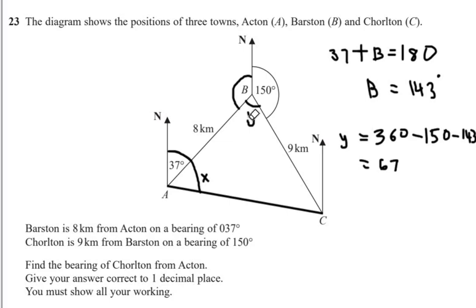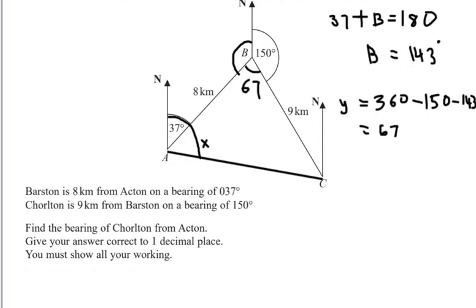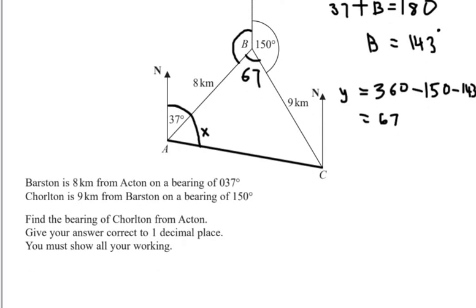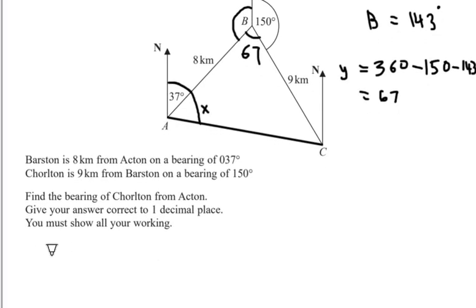We can apply the cosine rule to find out the length of AC. Okay, so now I'm just going to erase this and write down 67. Right, so let's try and use cosine rule. So it's going to be y squared.